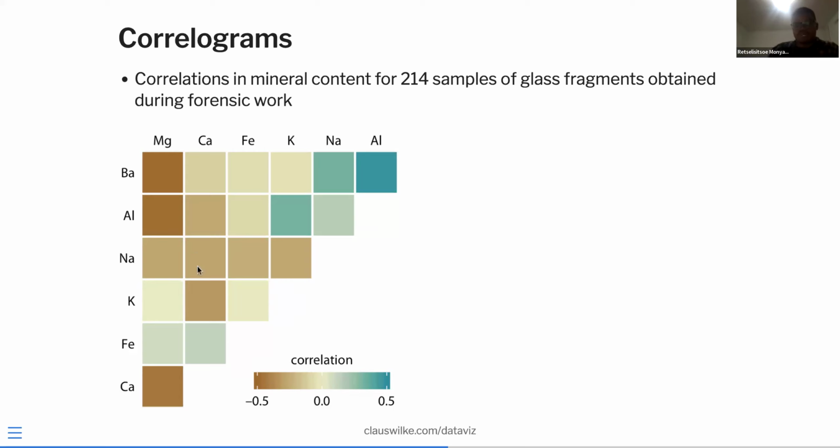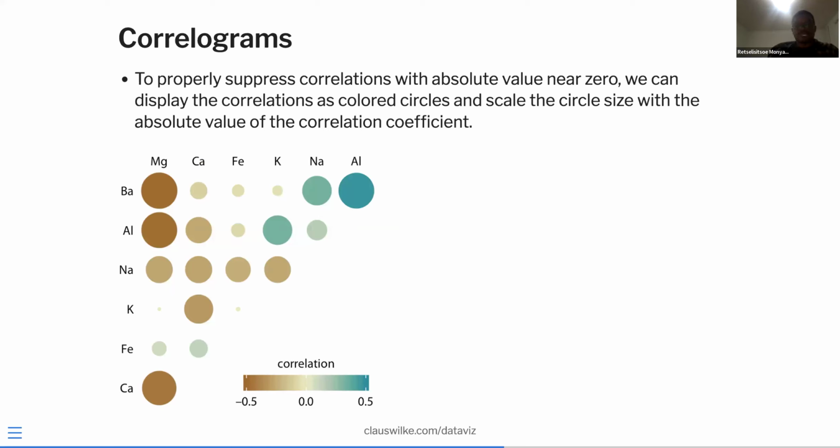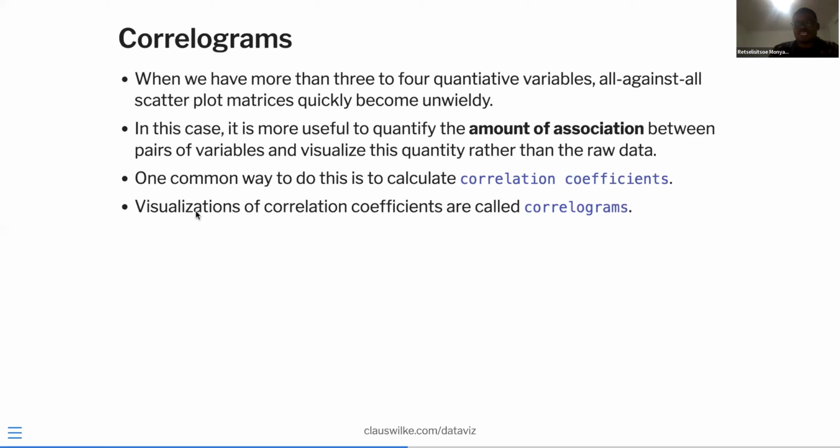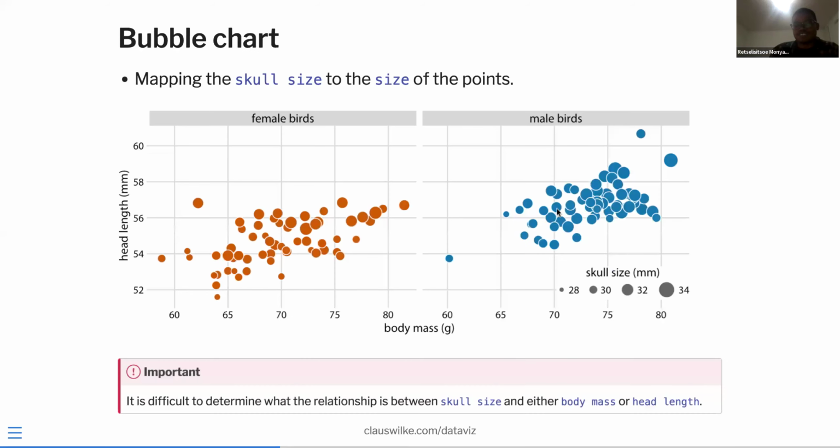To make that clear, he suggests you map the correlation to the size of the point, which I thought is interesting because not long ago we had an issue with using the size of the dot, and in this case, it ended up working quite well.